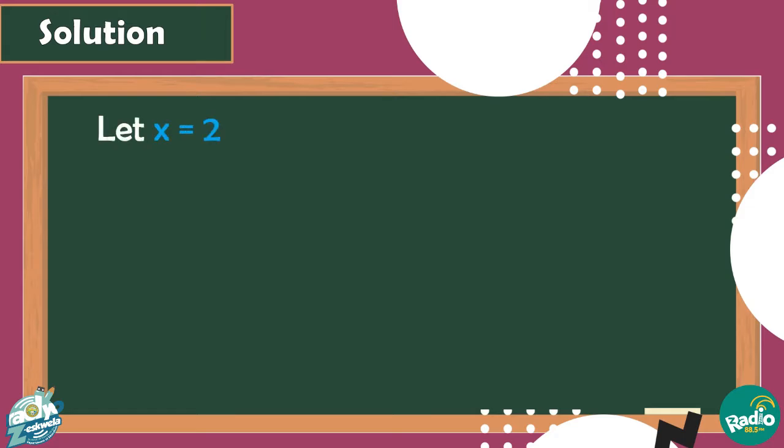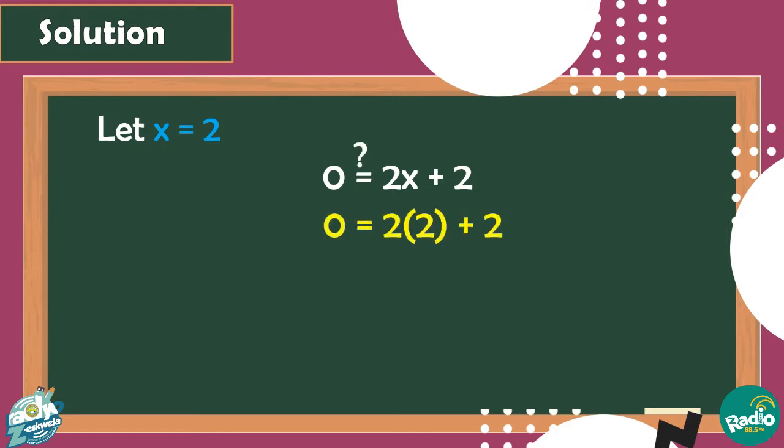The fourth value of x, which is x is equal to 2, by copying our given equation, which is 0 is equal to 2x plus 2, and by substituting the given value of x, which is 2, to our given equation. The equation now becomes 0 is equal to 2 times 2 plus 2.